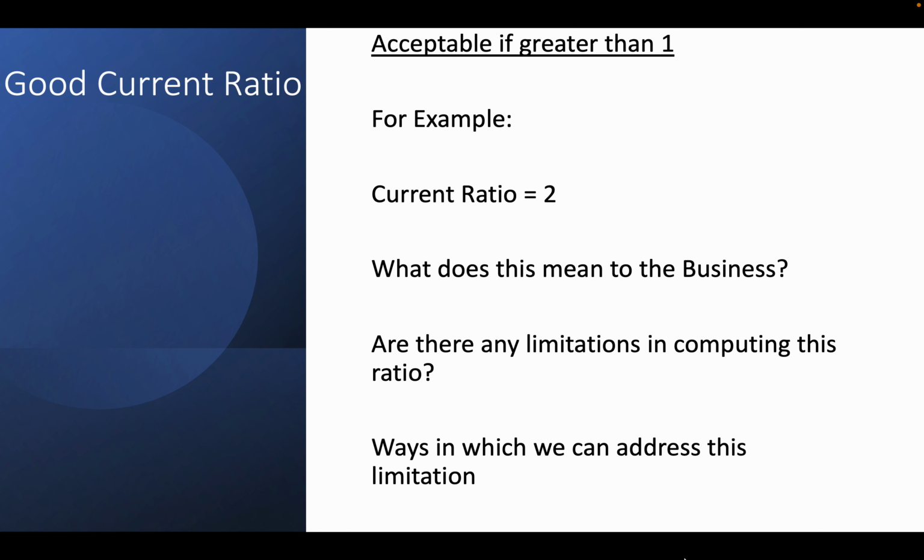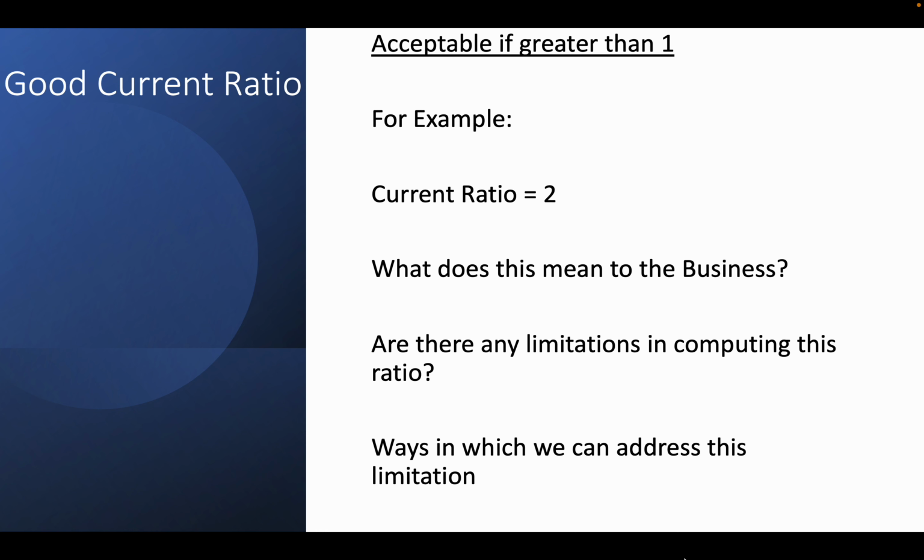Now let's look at a scenario where the current ratio happens to be 2. What does that mean for the business? It simply means that the business is in a good position to pay off the debts. Its current assets are twice as much as its current liabilities, which means they have more assets at their disposal.